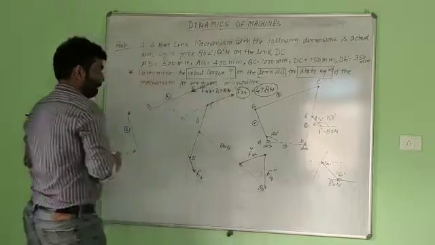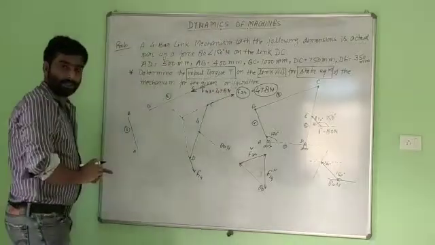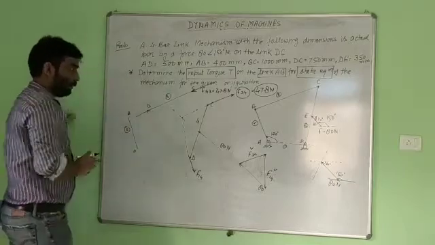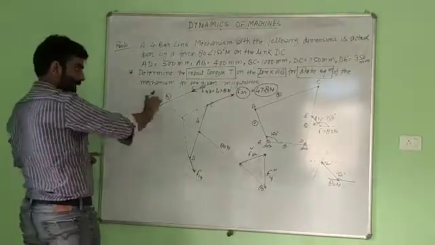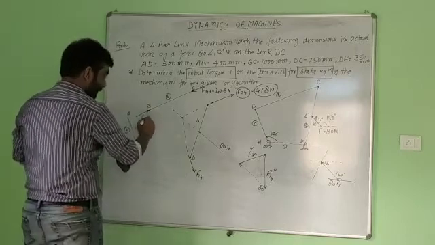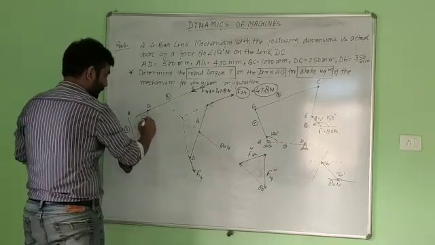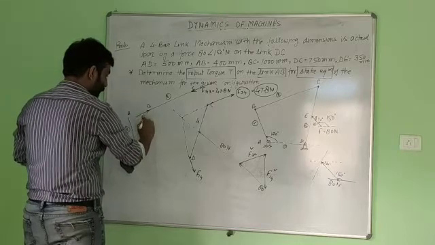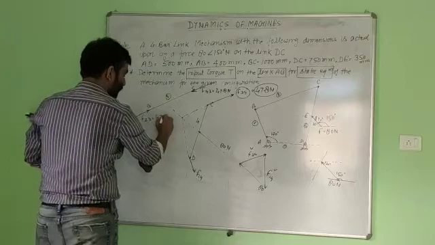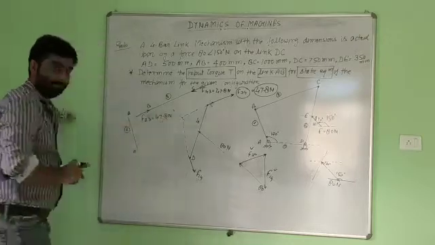47.8 Newton. Okay, member 3 is in equilibrium under the action of two forces. Then the second force will be equal and opposite, in the same line of action and with the same magnitude. This force is the force by member 2 on member 3, having the same magnitude 47.8 Newton.